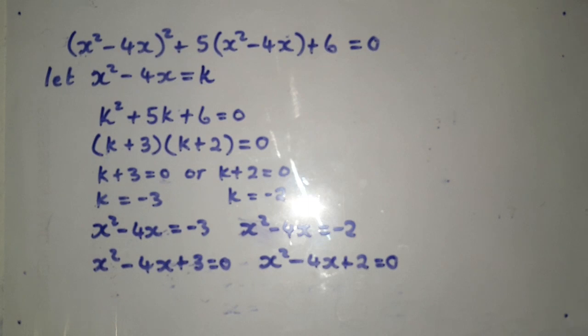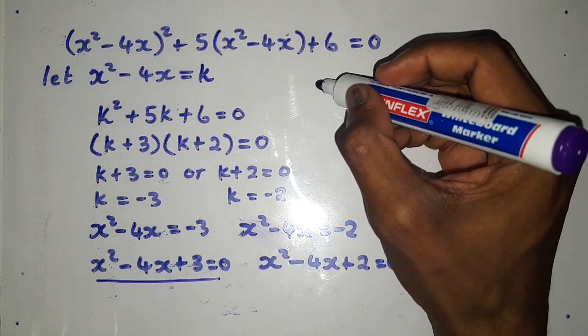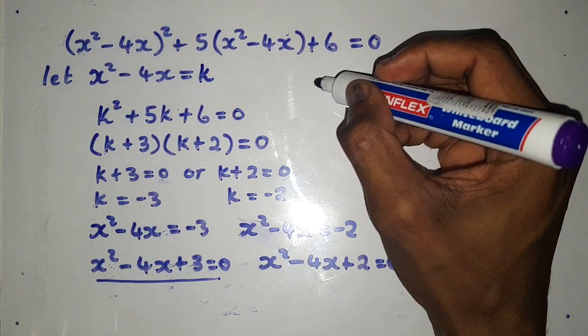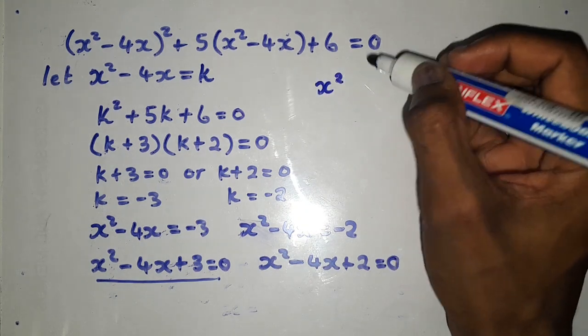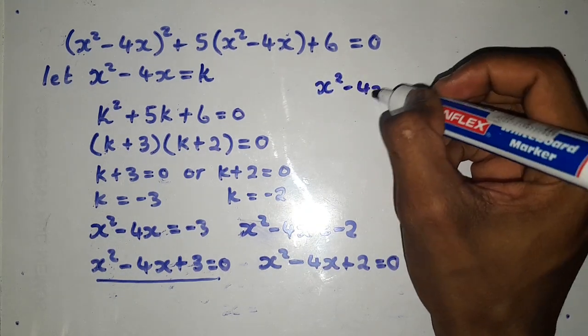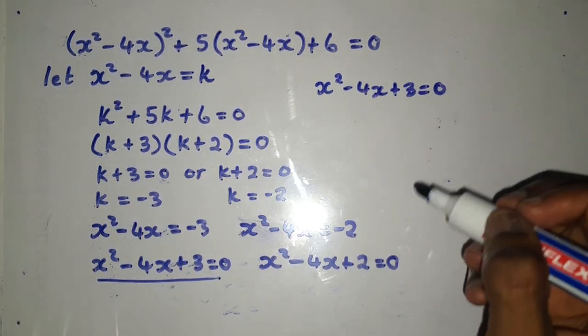Now at this point, I'm going to take this one and write it somewhere here: x squared minus 4x plus 3 equals 0.